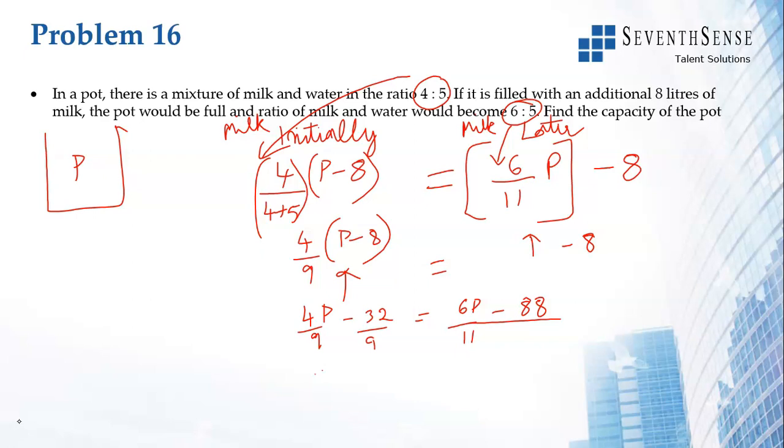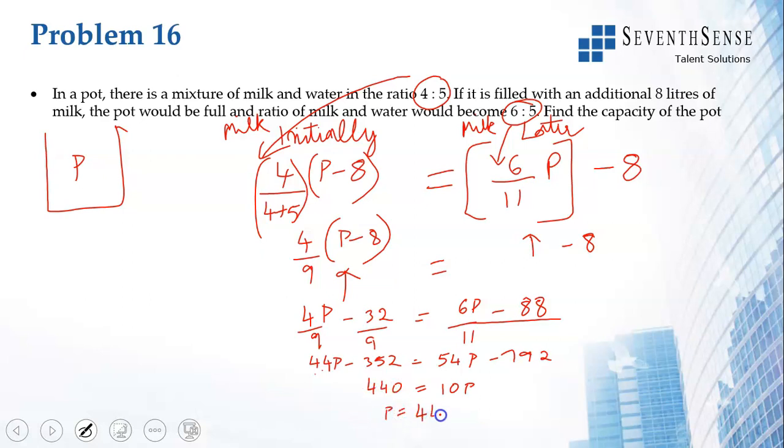Okay, on simplifying we get 44P minus 352 equals 54P minus 880. Subtracting 352 from 880 is 528, so 10P is 440. P is equal to 44 liters. Initial capacity is 44 liters.